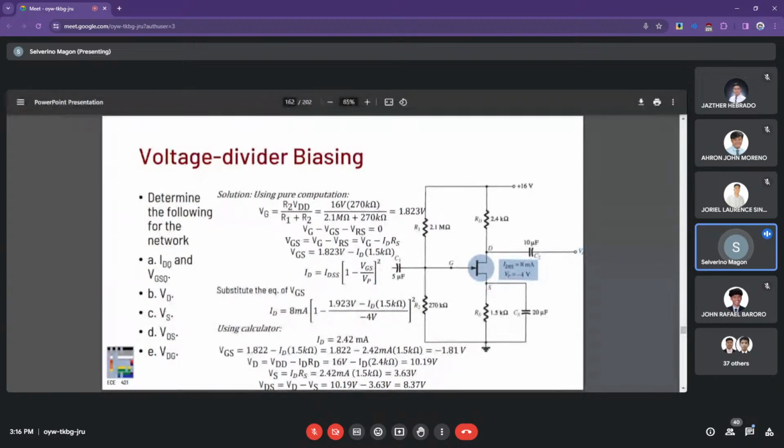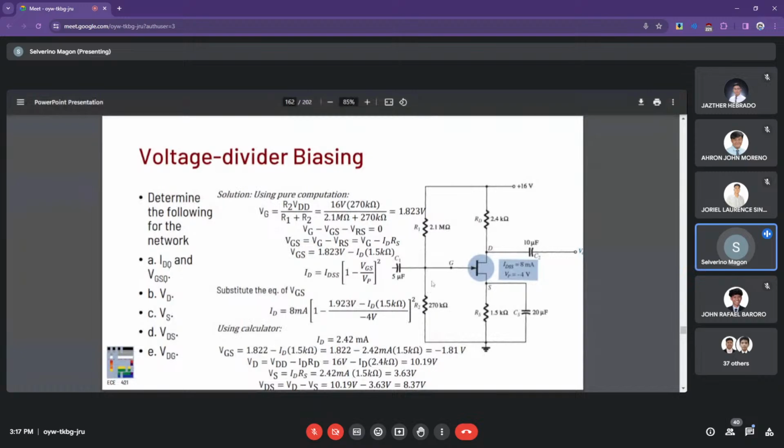Although this is already in a second degree, we can just again hit shift solve in our calculators and come up with the drain current at 2.42 milliamps. All right, so once we have the drain current, again, we can now perform the analysis in the load side, which is your VDD minus IDRD minus VDS minus VRS.